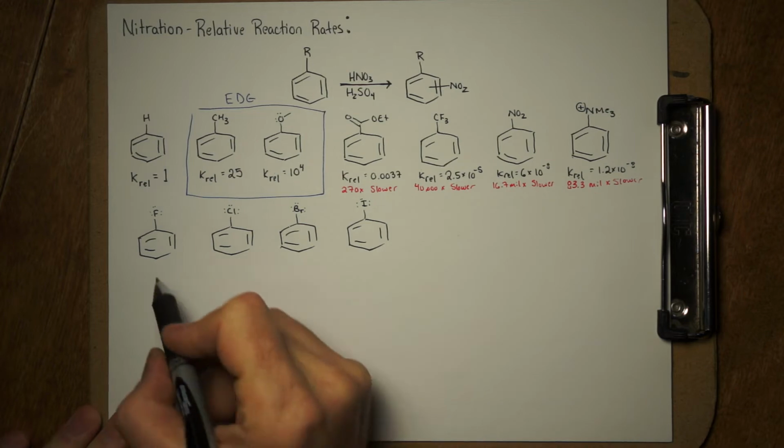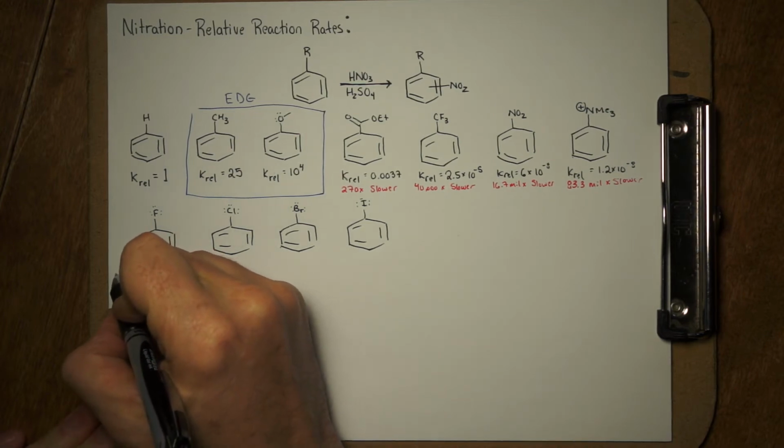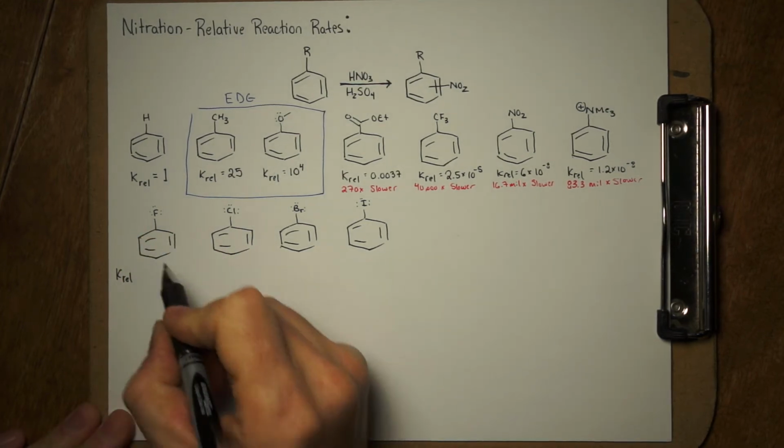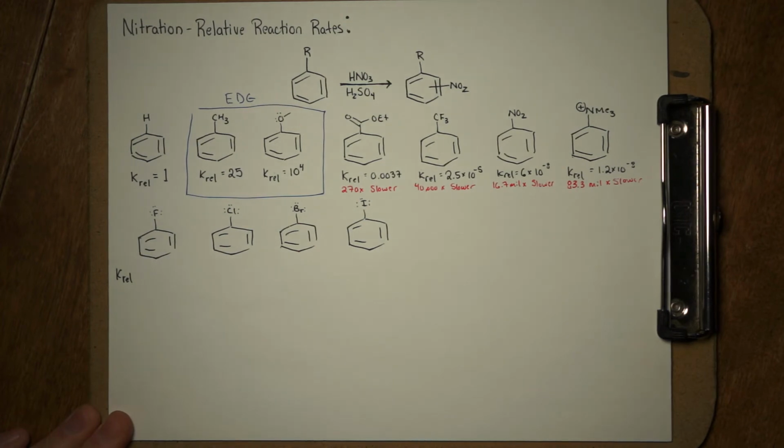But if we consider the reaction rates, or the relative rate constants for each of these relative to benzene, right? What we see is they're actually a little less reactive than benzene. So all of these halides, in terms of reaction rate, are going to behave as mildly electron withdrawing groups, right?